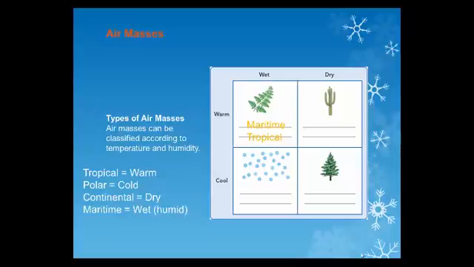If we have a dry air mass, where did it form? Continental. And it's warm. What does that tell us about its characteristic? Continental tropical. Very good. Alright, if it is a wet, cold air mass, it is what?